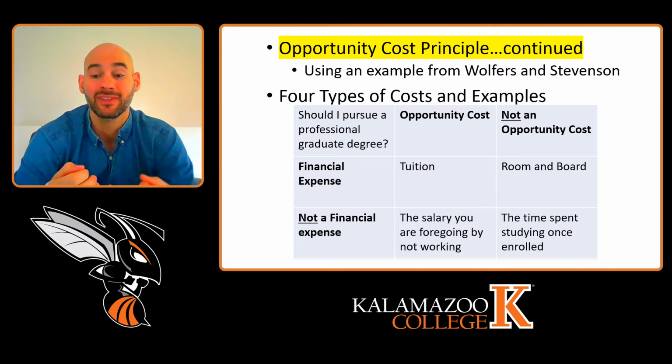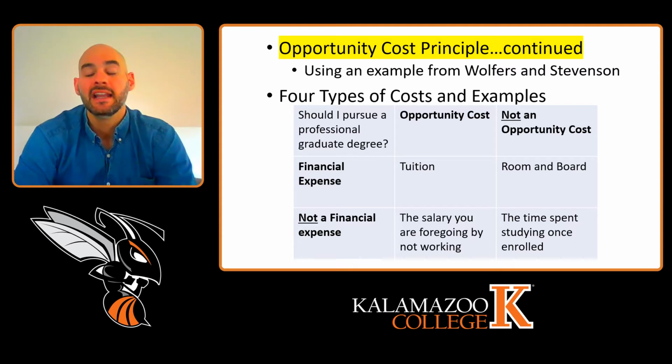And so because that is the value of the next best alternative, then that is an opportunity cost. And because dollar values are leaving your hand, that is also a financial expense. Now, you are also paying for room and board when you pursue a graduate degree.